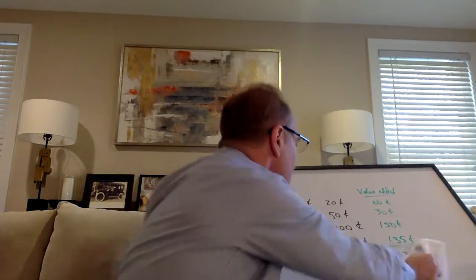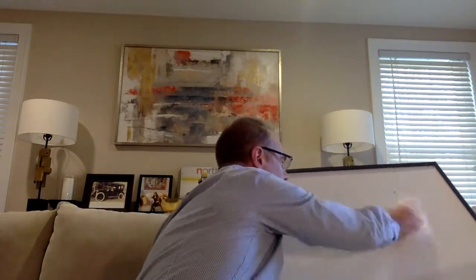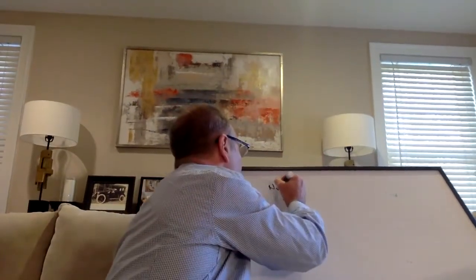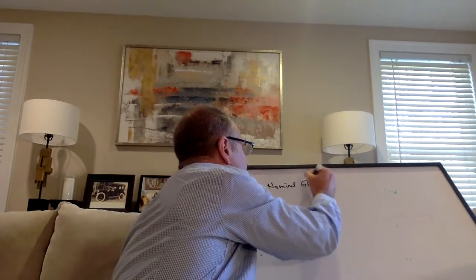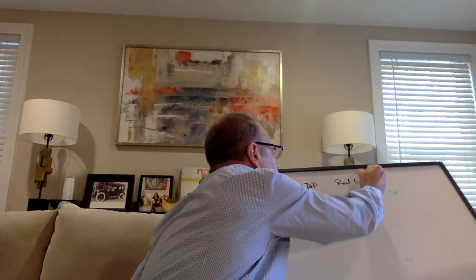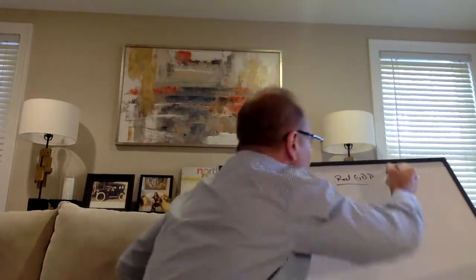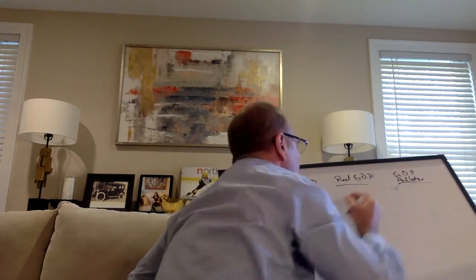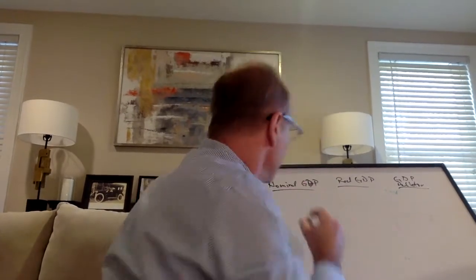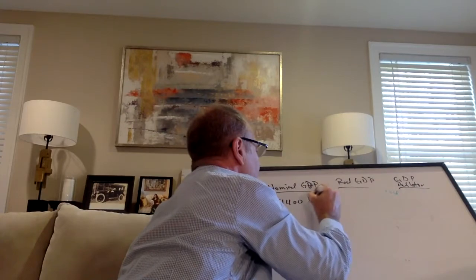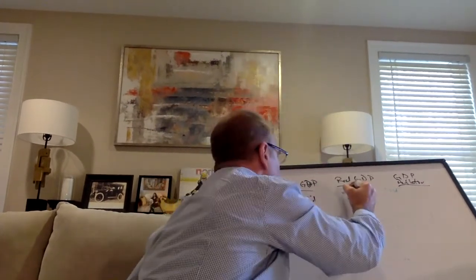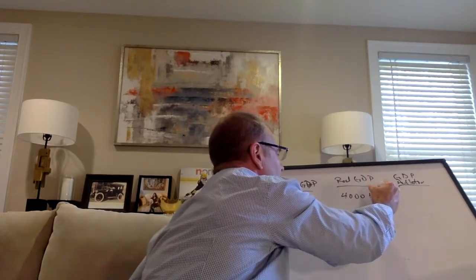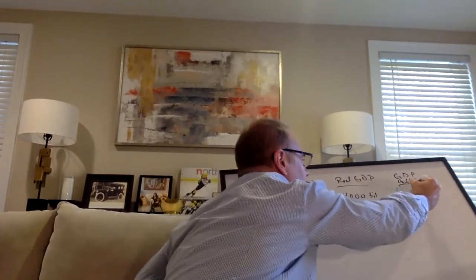So number one: nominal GDP, real GDP, and then the GDP deflator. Number one, we have nominal GDP of 4,400 billion. Real GDP is 4,000 billion. And then it asks what the GDP deflator is. I'm just going to call it X.